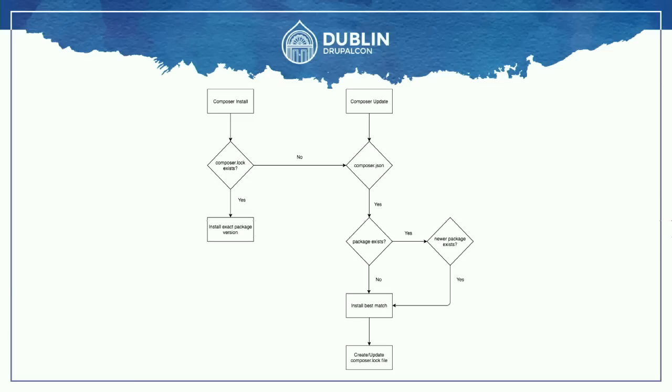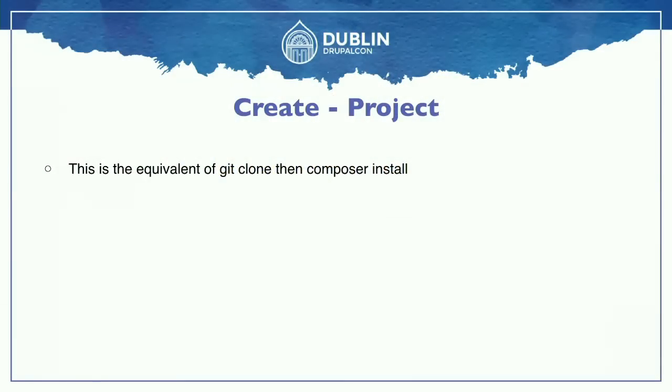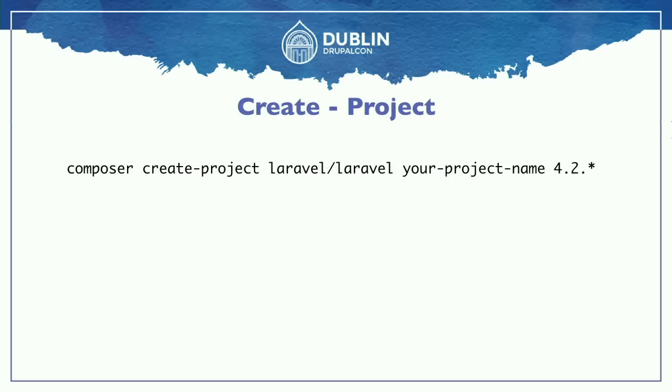Another handy little command is create-project. This is the equivalent of doing a git clone and then a composer install. It's an easier way to pull the whole project down and create it. With Composer, it's not just Drupal specific.